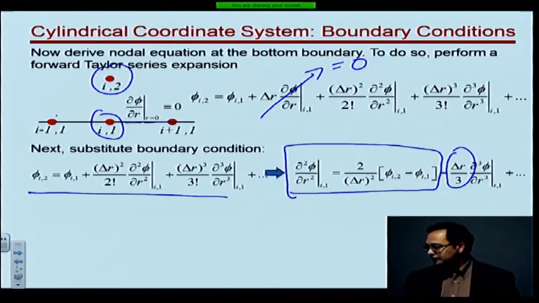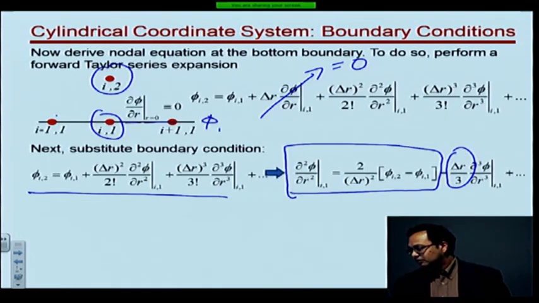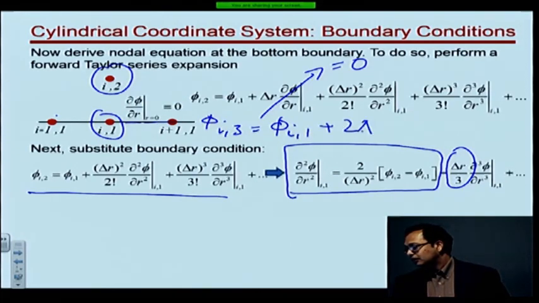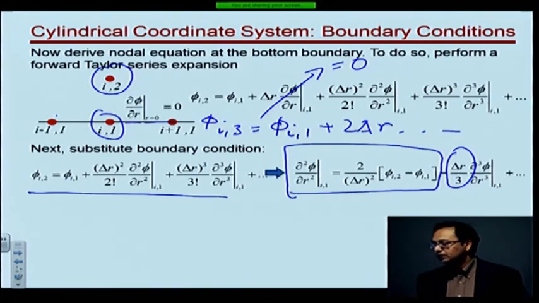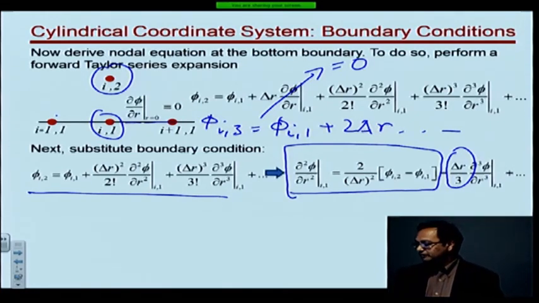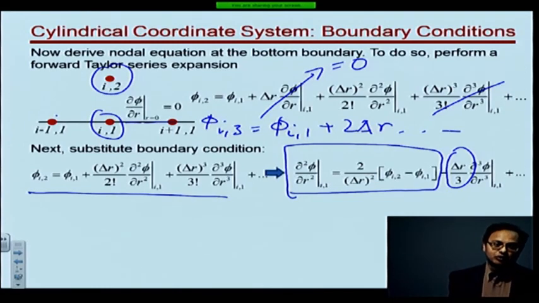If we use another Taylor series expansion, I comma 3, and so on, then we can actually get rid of this term here, and then our error will become second order. We've done this many times for other boundary conditions. So it's the same procedure.